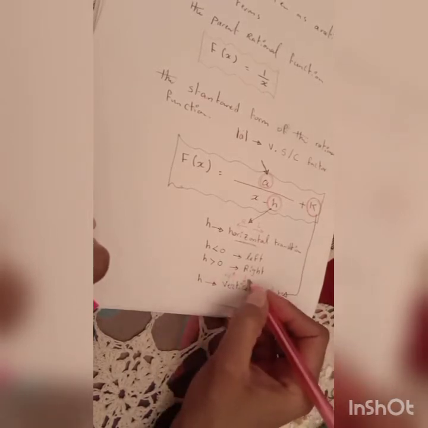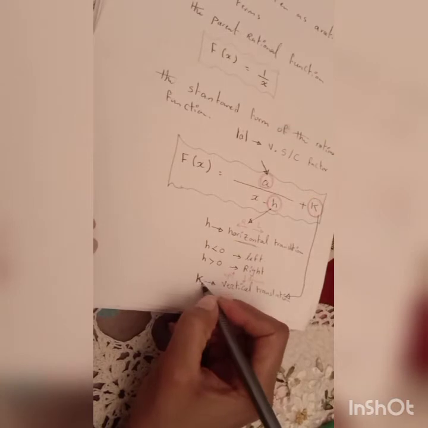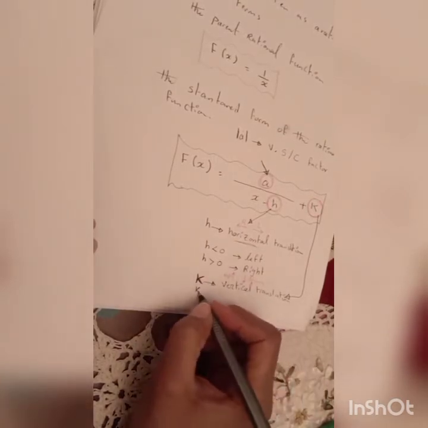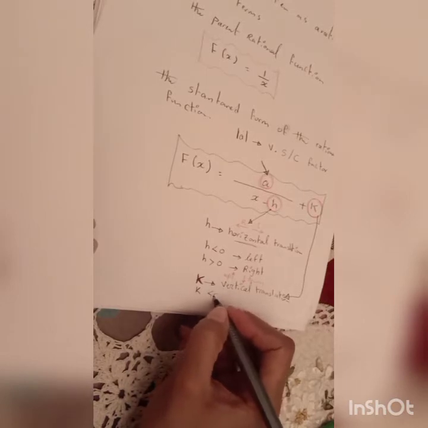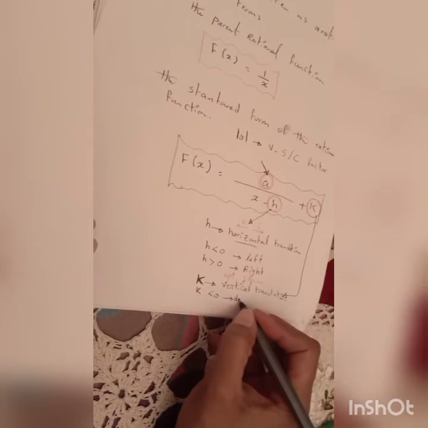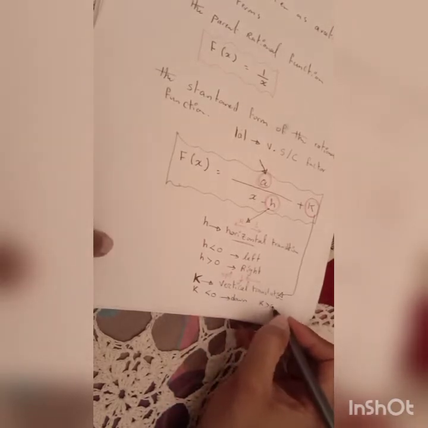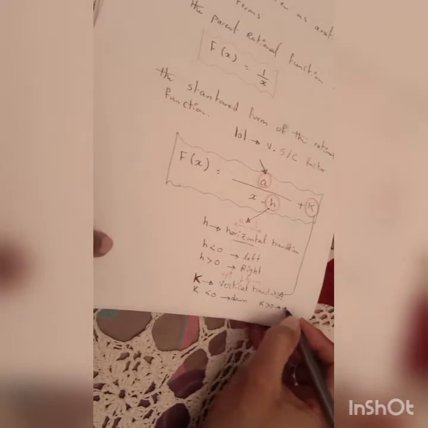If k is smaller than 0, the graph will translate down. And if k is greater than 0, the graph will translate up. Okay?